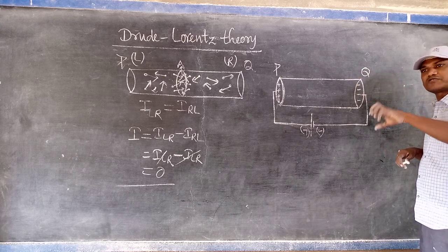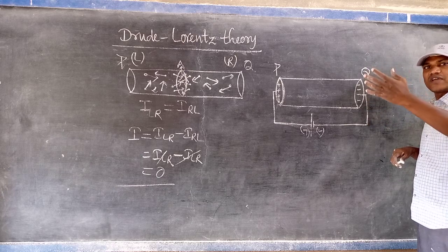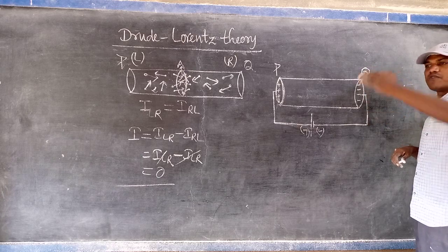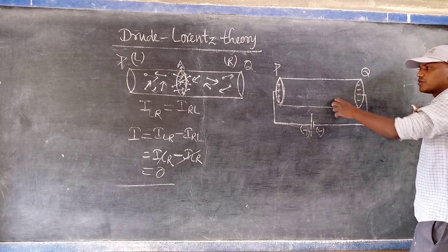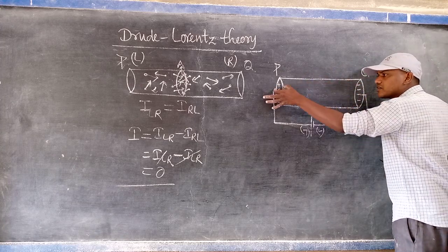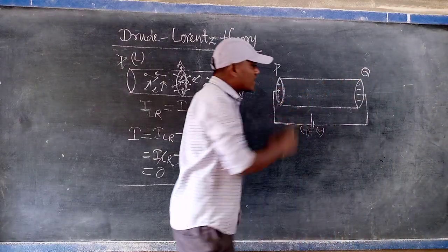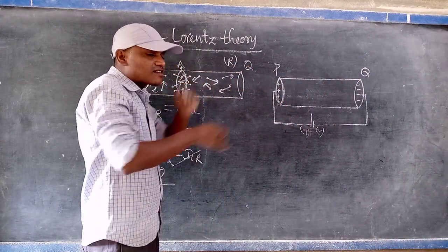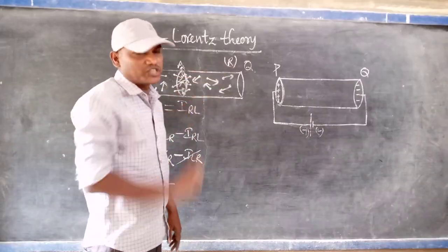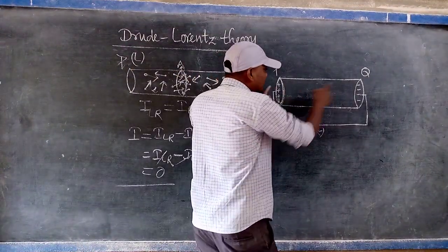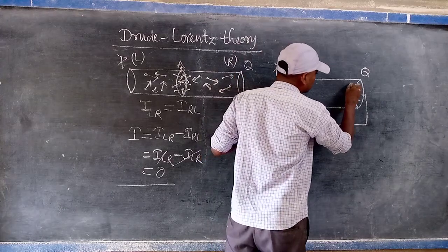Energy is always transferred from higher to lower, whatever the type of energy. In this case also, the charge will flow from higher to lower. Now inside, what is there? Electrons are there. The electrons are in which motion? Random motion. Now, the free ends are connected to the battery.